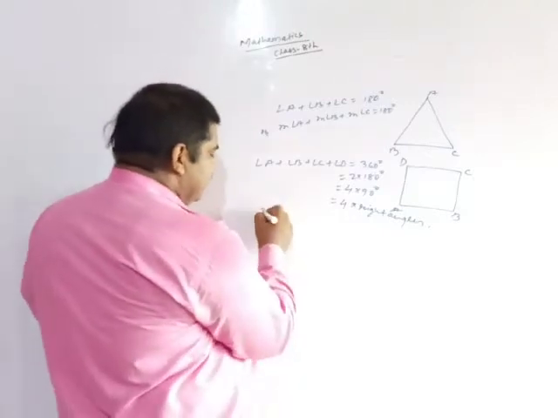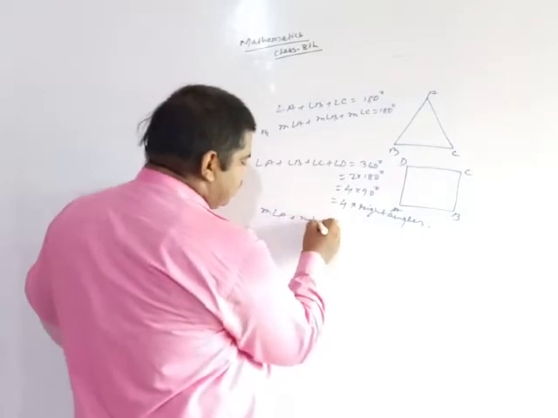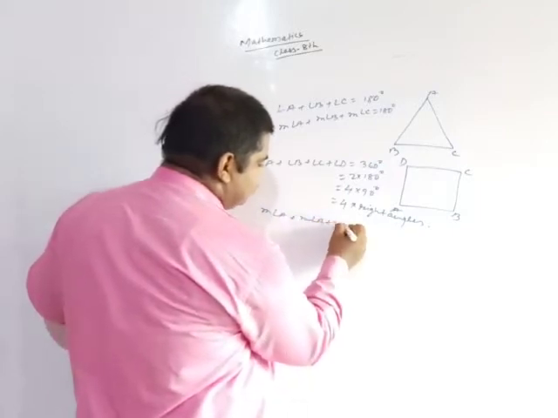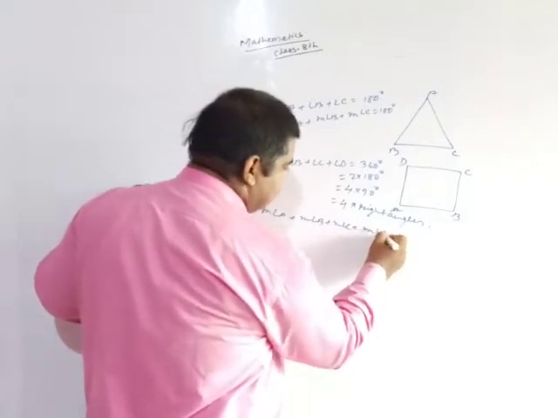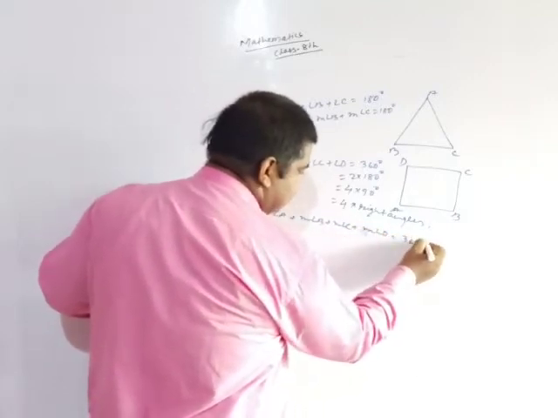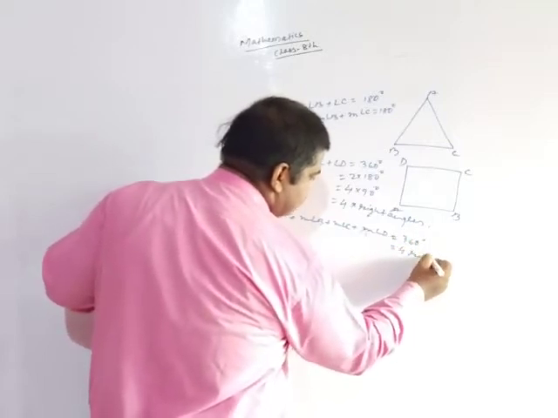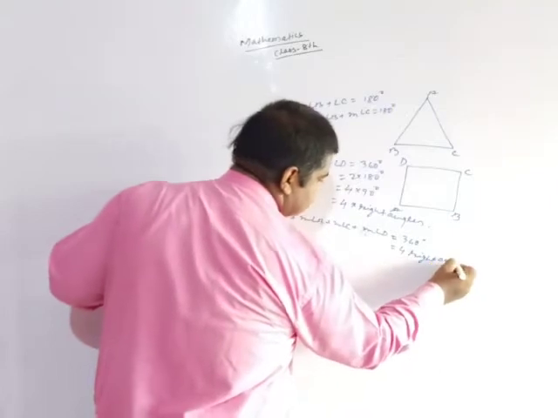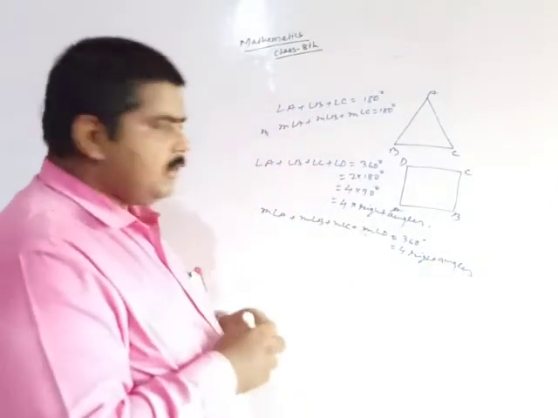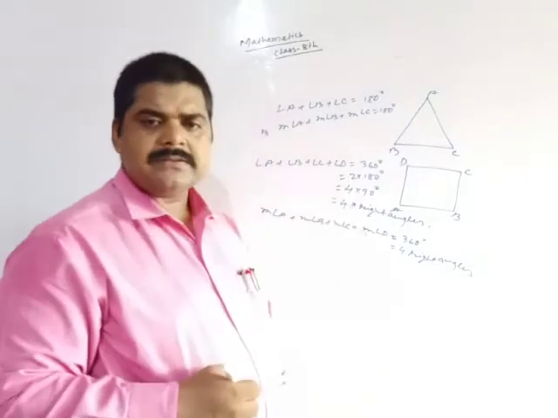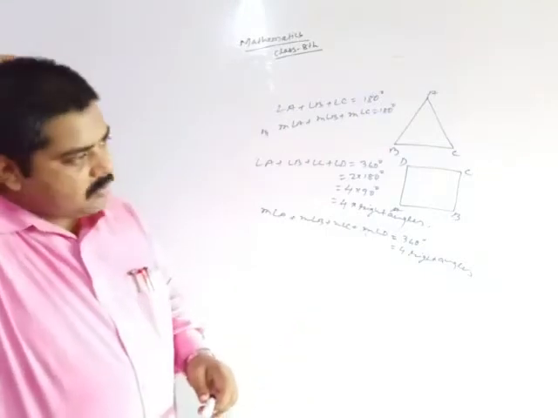It is written by this way also: magnitude of angle A plus magnitude of angle B plus magnitude of angle C plus magnitude of angle D is equal to 360 degree, or 4 right angles. Understood?